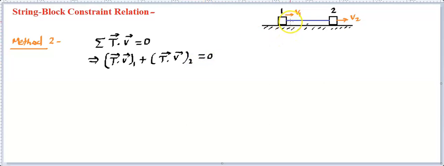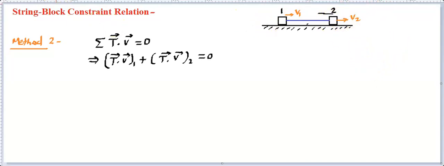Now you need to find the directions of velocity. You need to find what the directions are, or if it is not given to you in the question, then you need to assume it. Let's say v2 was given to us, so v1 assumption is quite simple. v1 can be assumed along the direction of the string.